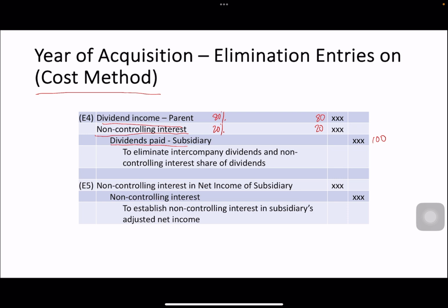The share of the NCI in the subsidiary's dividends is debited to NCI because this is recognized as a return of investment. And considering that NCI has a normal credit balance being an equity account, dividends paid by the subsidiary to the NCI results in a decrease in the balance of the NCI.